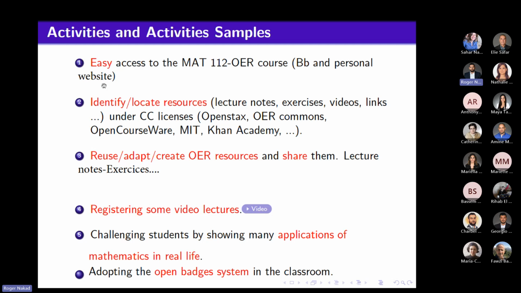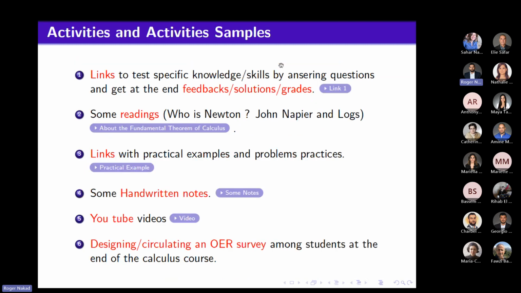We provide them badges via Blackboard. So this was directly implemented. If they do well in a section, or if they master some expertise, they will get a badge. So accumulation of badges definitely will increase their knowledge and their grade in the course.